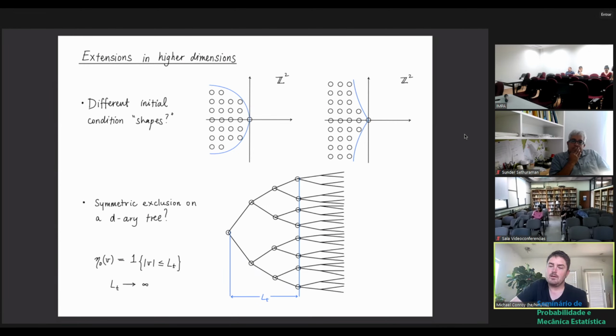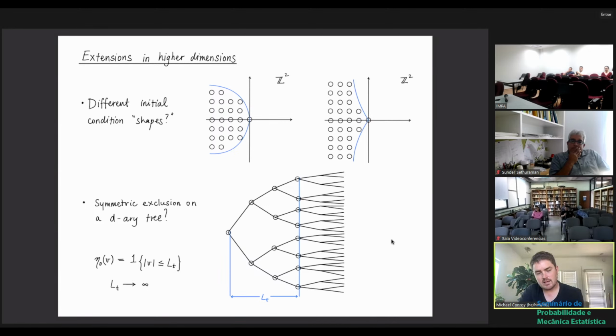So things like this, where you have fewer particles than if you had straight lines, it's reasonable to expect that you should get some sort of similar behavior. When you have something like this, on the right, where there's considerably more particles than with a straight line, I believe this is okay. I haven't totally figured it out. I believe this is okay when this growth is like polynomial, but not faster.